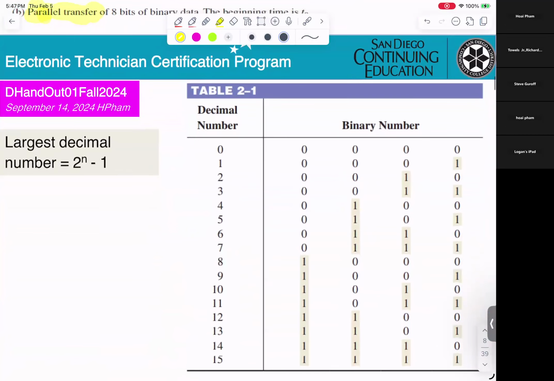Now, this is a table given to you. You get the number here, decimal. You go 0, 1, 2, 3, up to 15. 16 digits. And now, binary number.